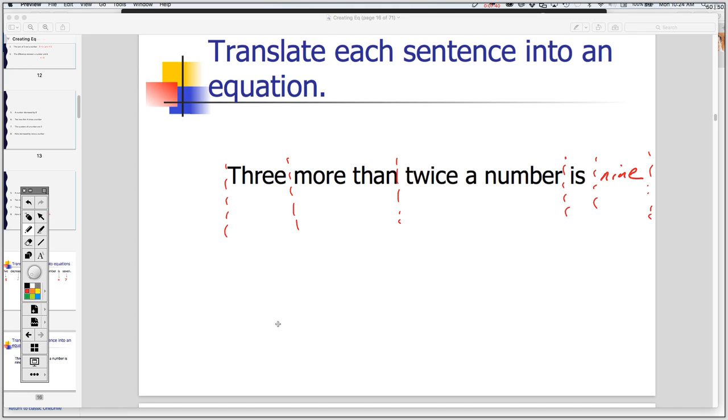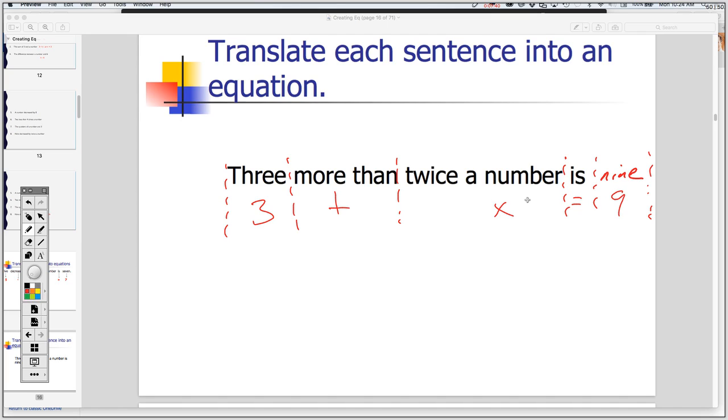Angel, you ready? Okay. Tell me what you translated it to. 3 plus x equals 9. Okay. So look at this x part right here. What did you miss on there? Twice. What does twice mean? 2.